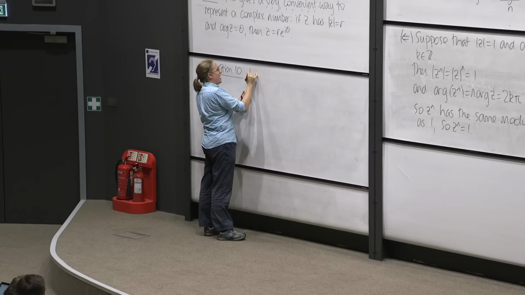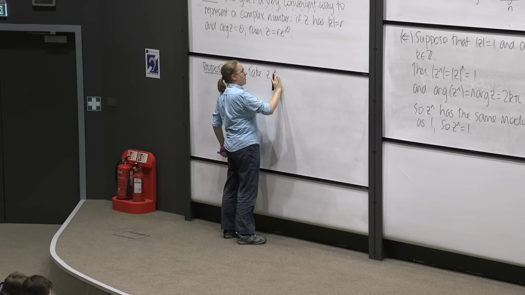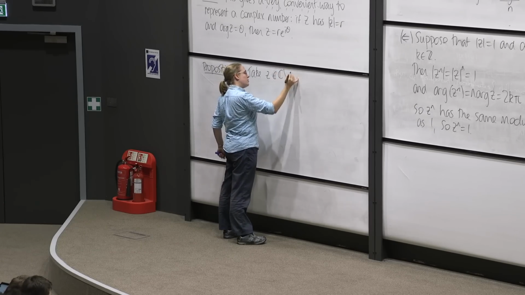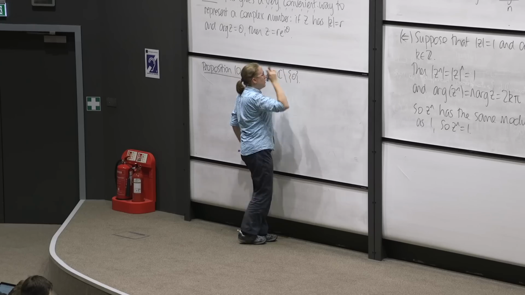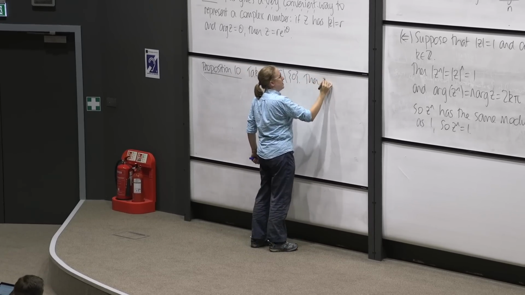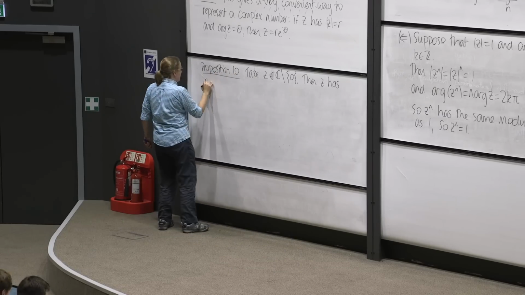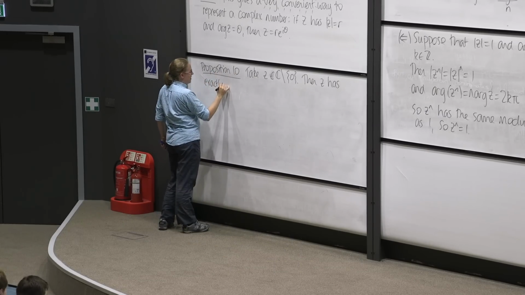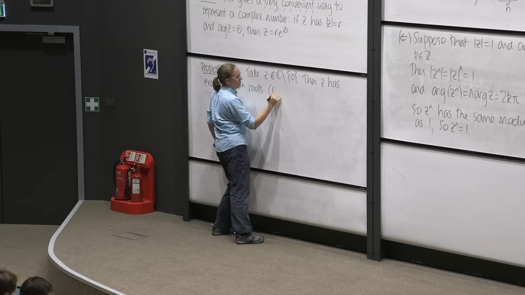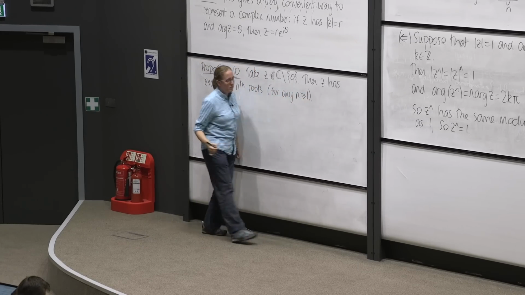So proposition 10 says, take z, a non-zero complex number, and you'll see why I want it to be non-zero. z in C, but not 0. Then z has exactly n nth roots, for any n greater than or equal to 1.